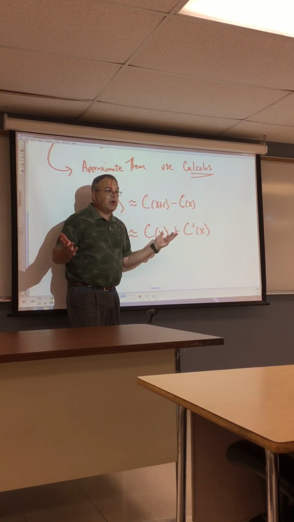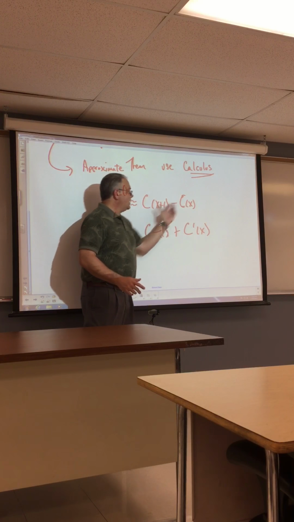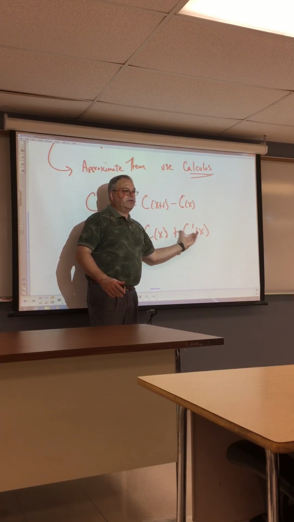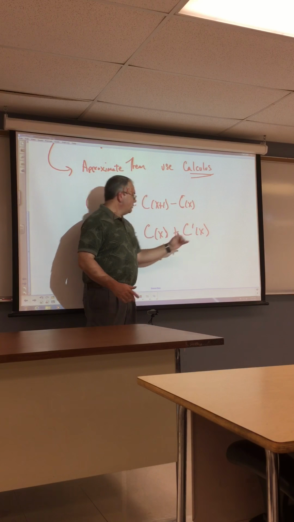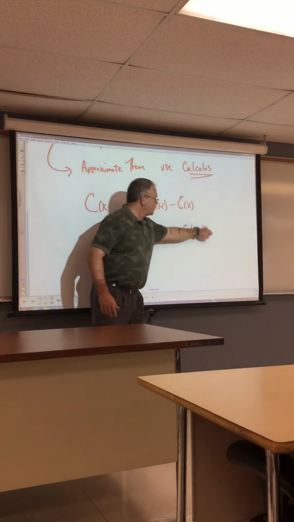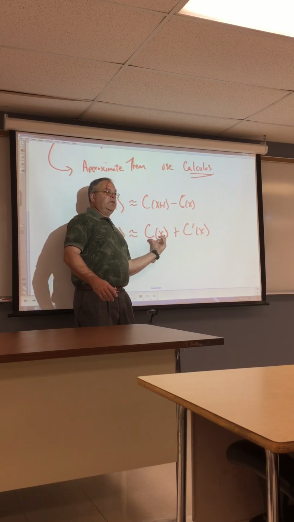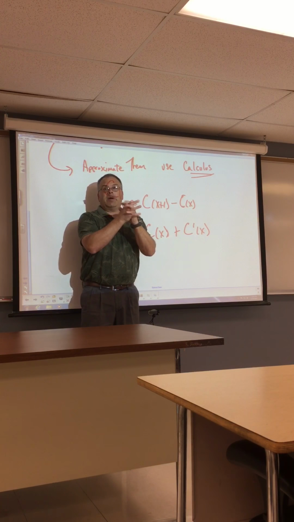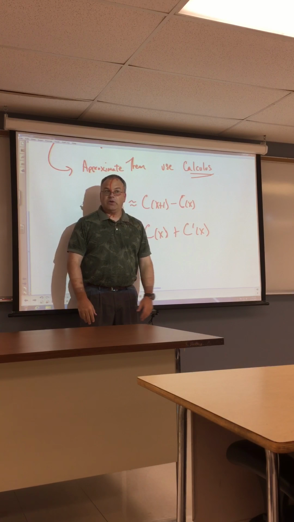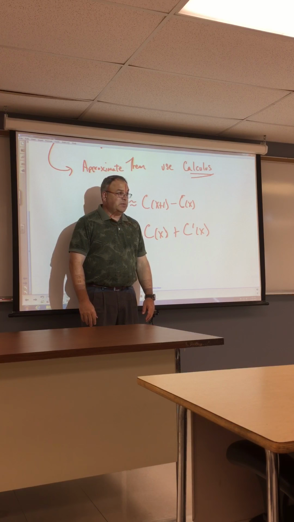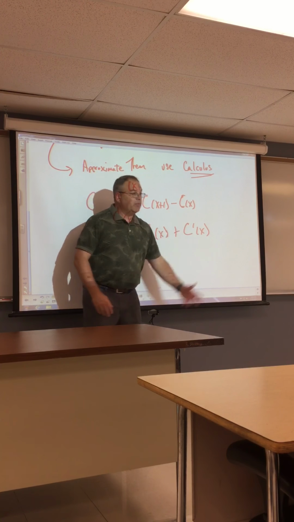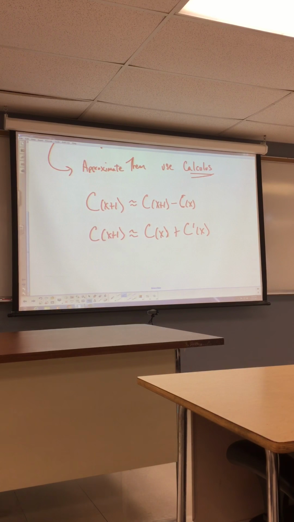I want to estimate how much it costs to make 51 items. So I'm going to use my marginal cost of 50 and add that on to my cost of 50 that I already know, and that'll give me an approximation of the cost of 51 items. Does that make sense? A little bit? When we do an example, I think it'll become more clear. So what I'm really looking at here is this line here.